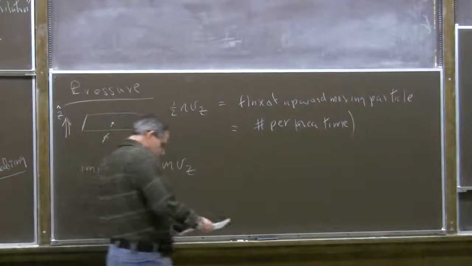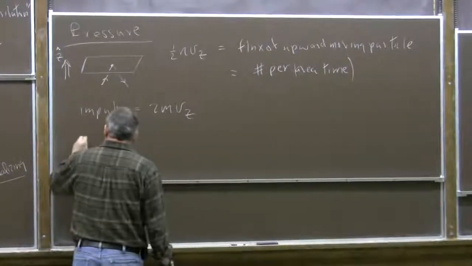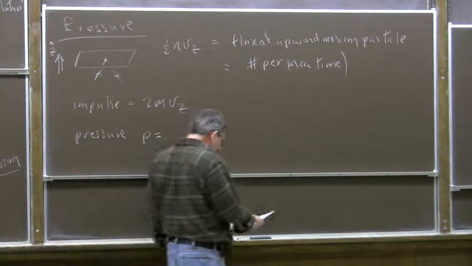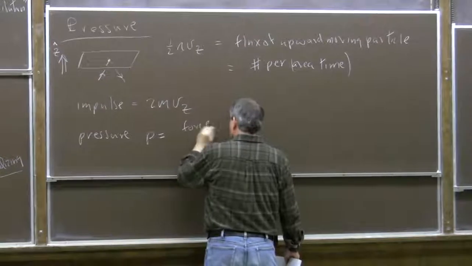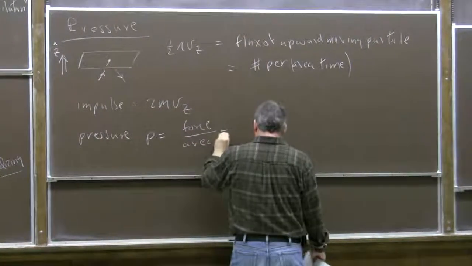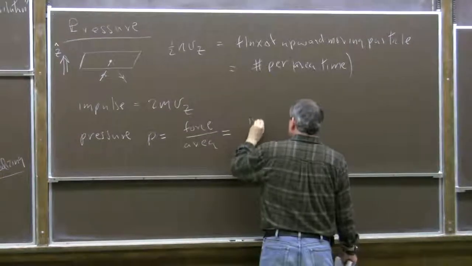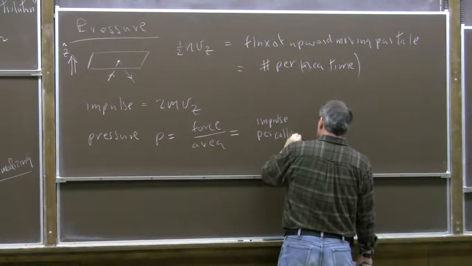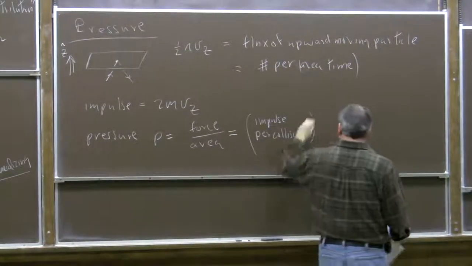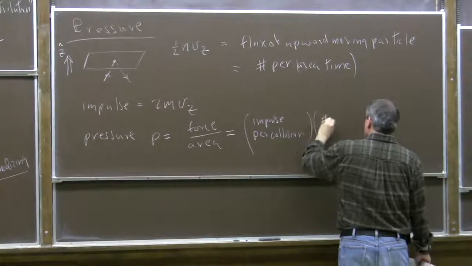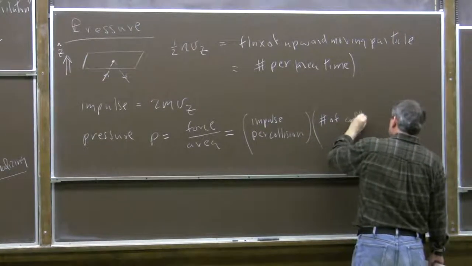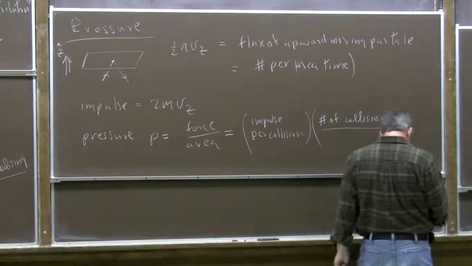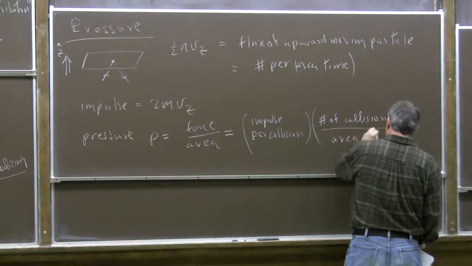And so the pressure, which is the average force per unit area, I obtain as the impulse or change in momentum per collision times the rate at which collisions are occurring, number of collisions divided by area and time.